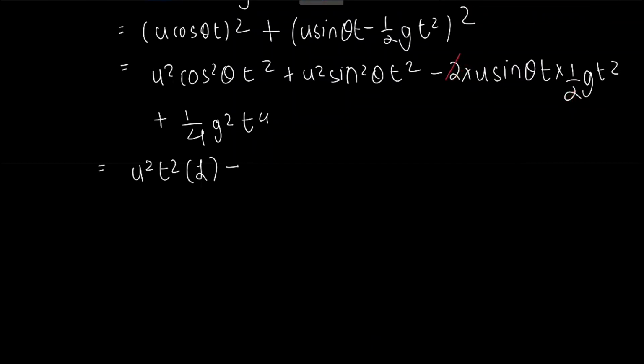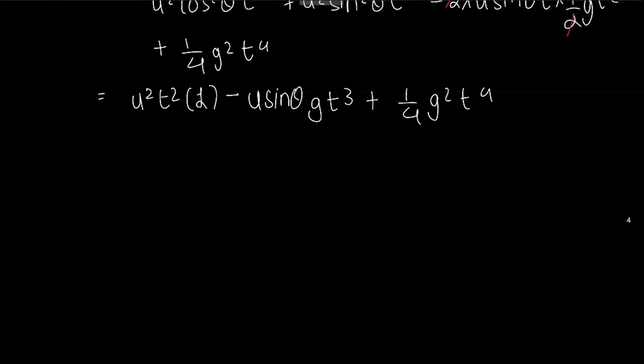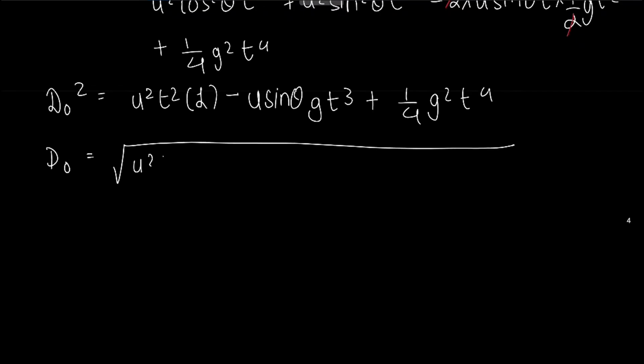So we just cut the 2's here, and then we're left with u sin theta g t cubed, plus the last expression remains as is. And now we have the distance from the origin squared to be this value. So the distance from the origin is just going to be root under u squared t squared minus u sin theta g t cubed plus 1/4 g squared t to the power 4.